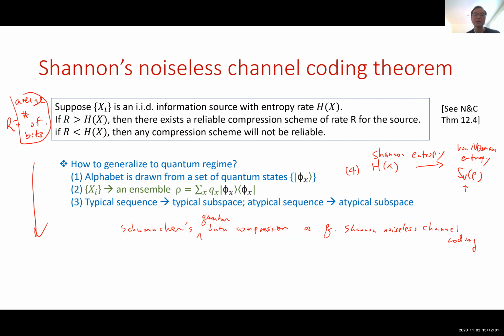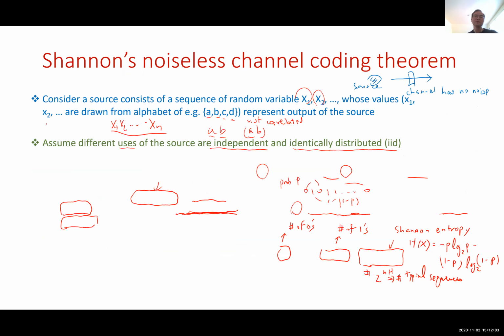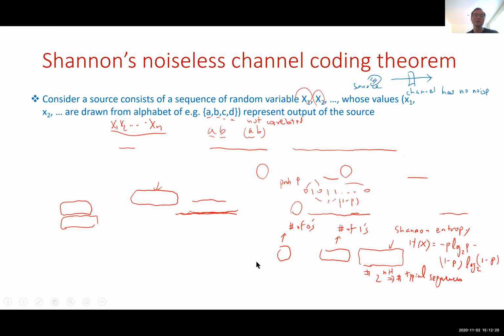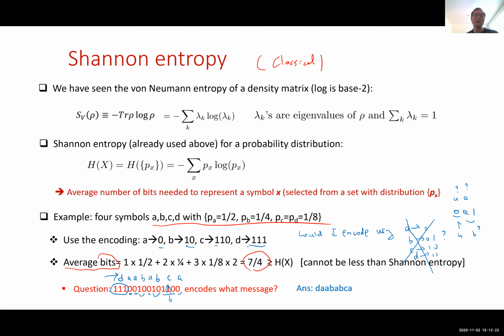Remember we talked about this example. The average number of bits that we need to encode is 7/4, right? Yeah. So that is the R that we use.